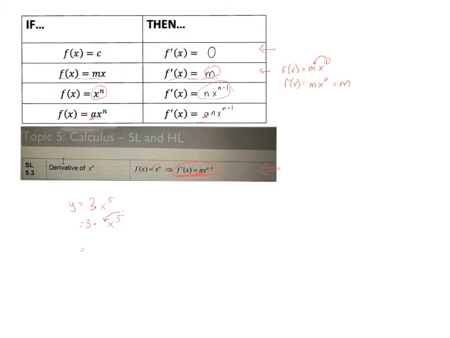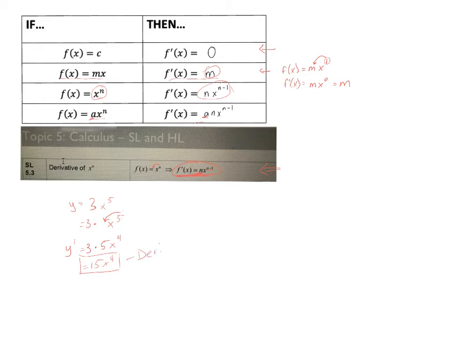So this would become, if it's y prime, and I'm using a different one of the notations here so you get practice using different notations, the 3 stays there. It's now 5x to the 5 minus 1, which is 4, and that then gives us 15x to the 4th. And so that would be what we call the derivative function, okay?